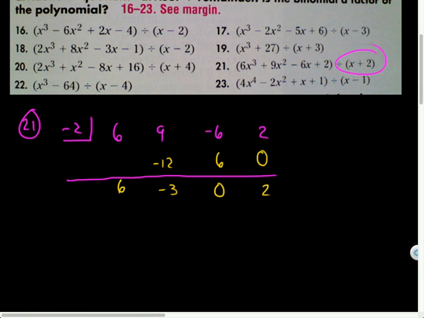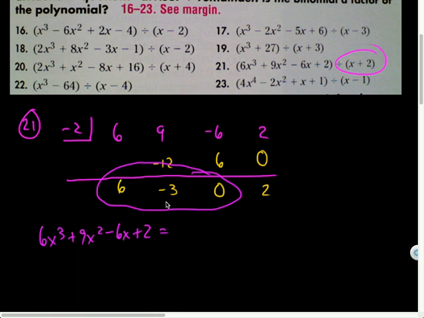So let's write our answer as the dividend, the thing I was dividing, 6x cubed plus 9x squared minus 6x plus 2. Is that equal to the quotient, which is this part right here? This is going to be 1 degree less than the dividend, so that would be 6x squared minus 3x.